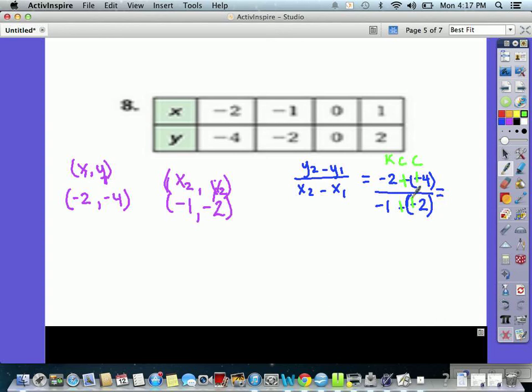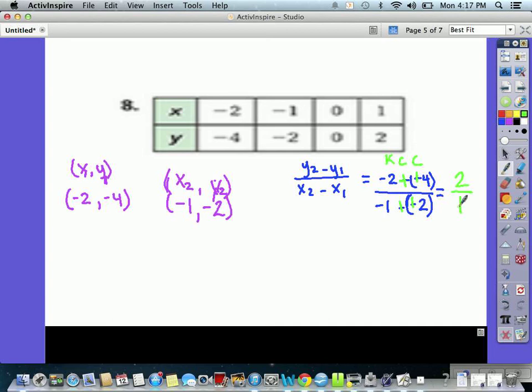Negative 2 plus 4, those are unlike terms, so we have to subtract and take the sign of our largest number. 4 minus 2 gives us 2, and that is a positive 2. Our next one is negative 1 plus 2, same technique here. 2 minus 1 will give us 1, and it will be positive.